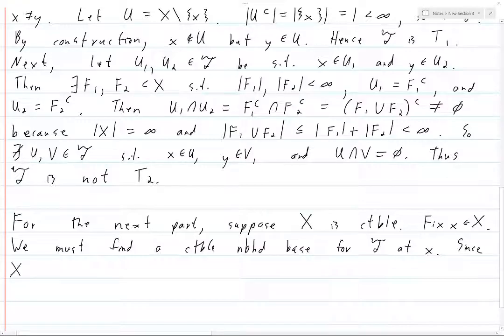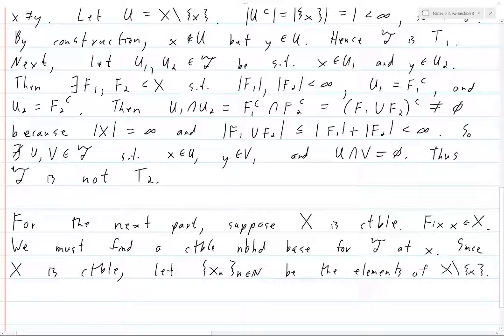since X is countable, let xn, where n ranges over the natural numbers, be the elements of X set minus {x}.